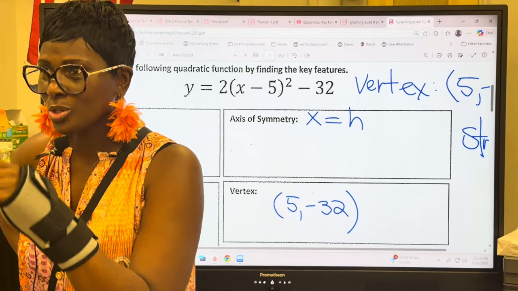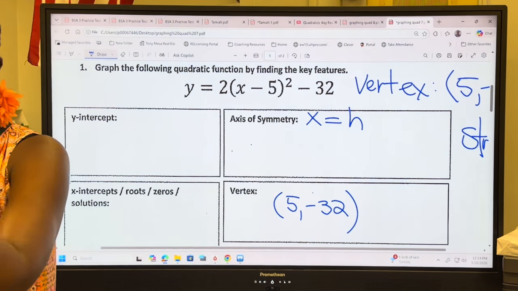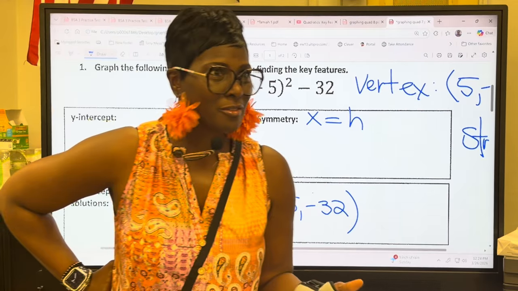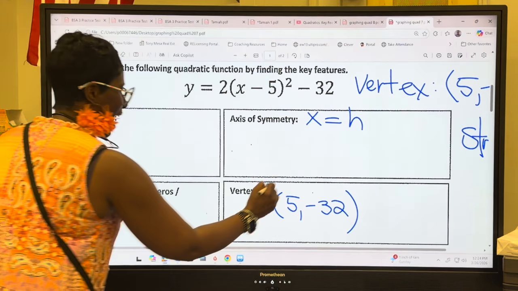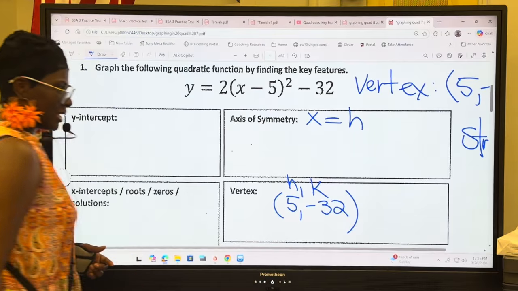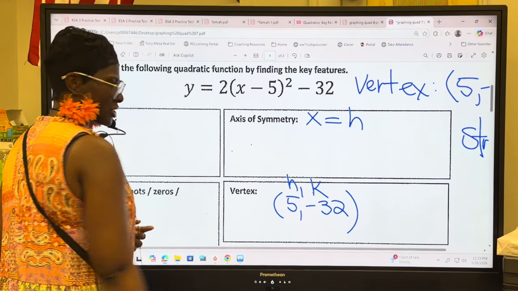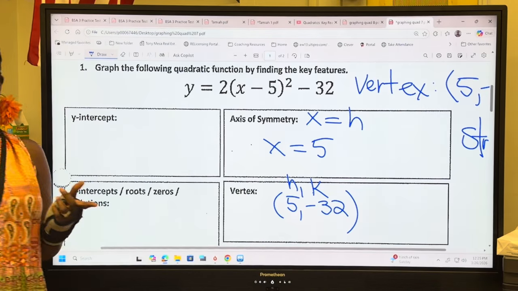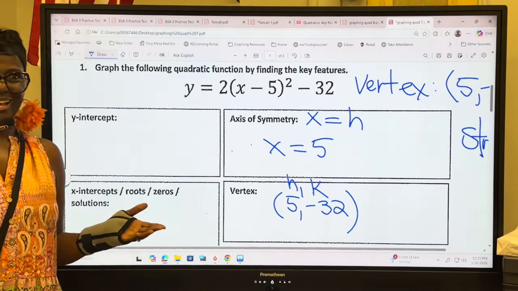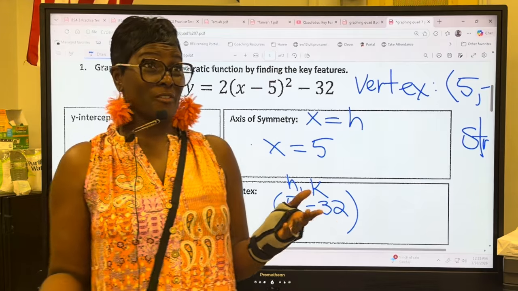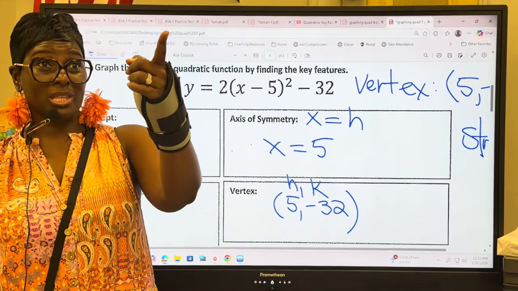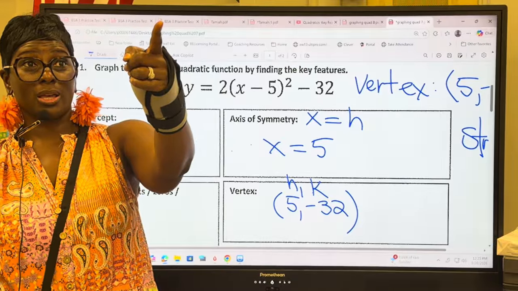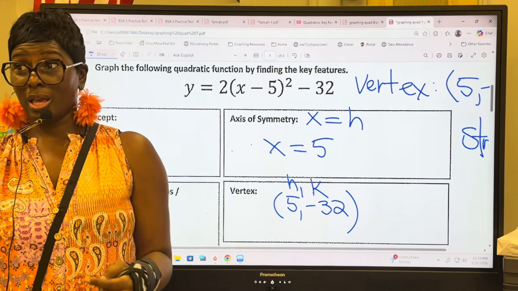X equals h, because h is the x of the vertex. Isn't this (h, k)? Yes. What is the h? 5. So then x equals what? 5. Same thing. Look above Timothy's head, right by the red firelight. What does it say? Axis of symmetry, x equals h. Same thing.